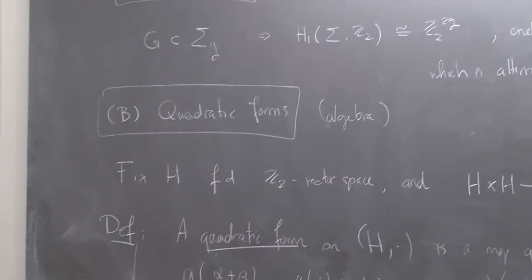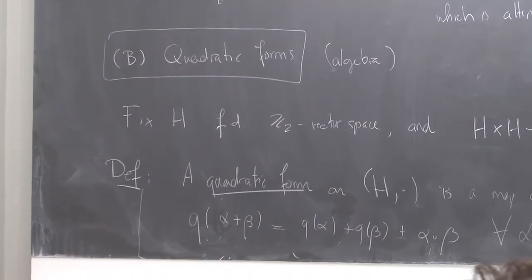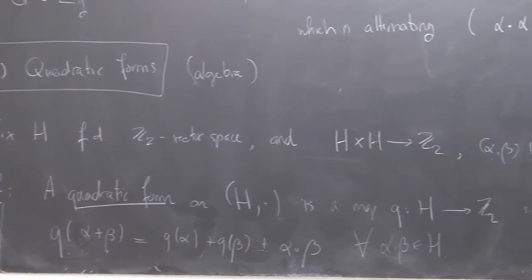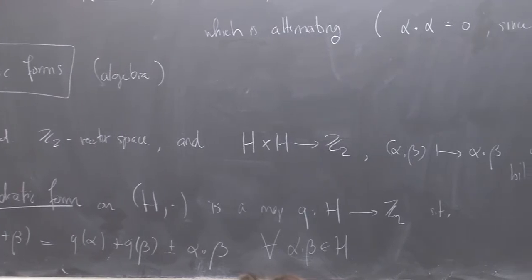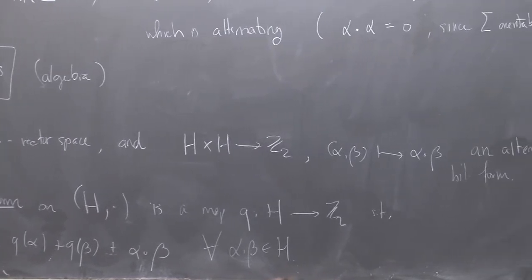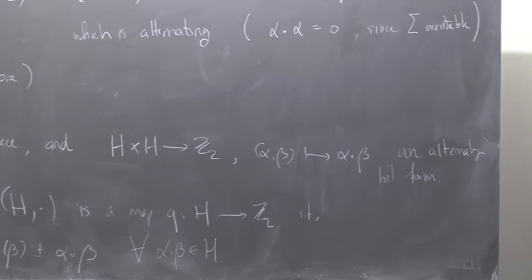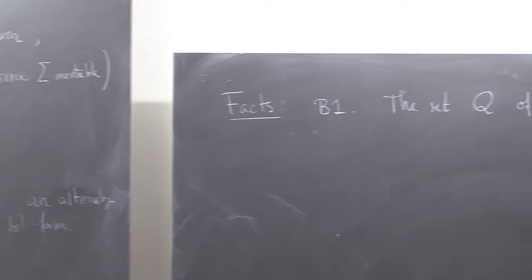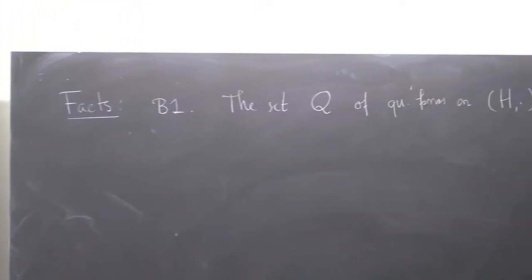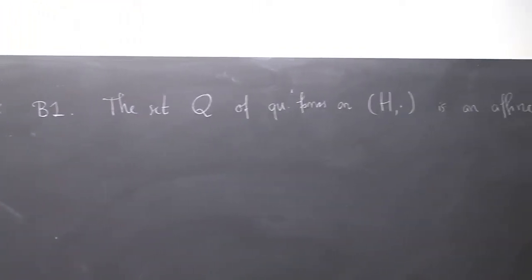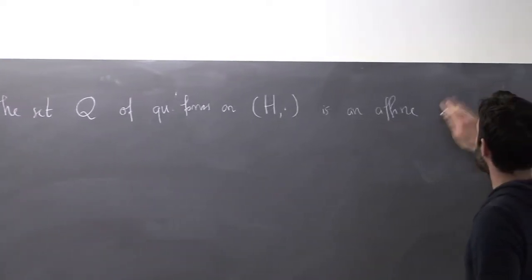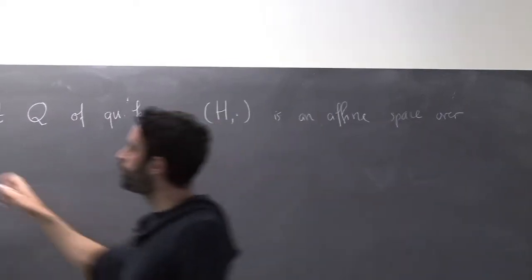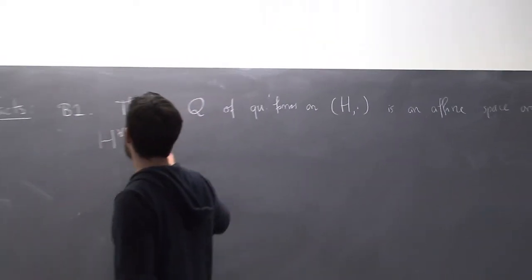The first fact is the set, I'm going to denote it by Q, of quadratic forms on H, is what is called an affine space over the dual H star of H.